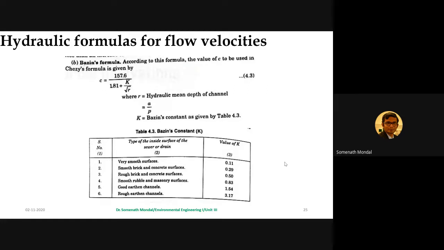Any textbook would be convenient for you to find these tables. Though I am providing these tables in my slides, you can just simply have an idea about them.